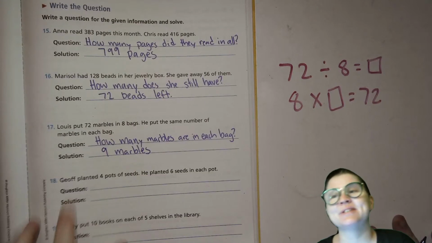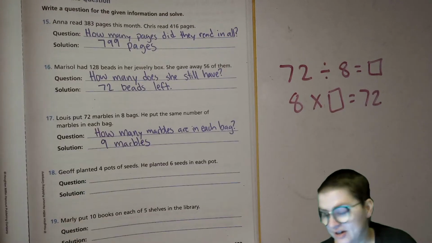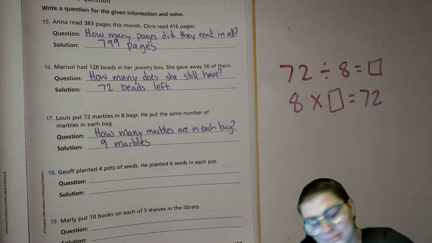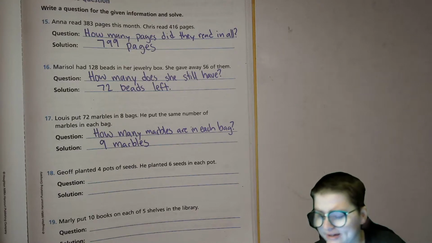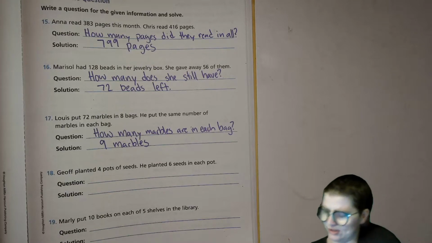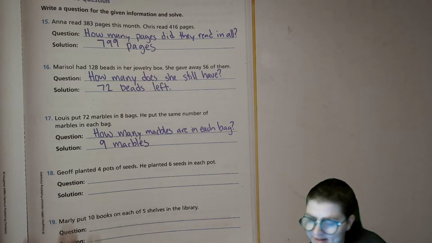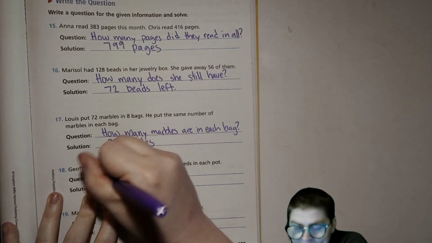Now I know this name looks like Geoff, but it's pronounced Jeff. Jeff planted 4 pots of seeds. He planted 6 seeds in each pot. So what's the obvious question here? How many seeds did he plant in all, right?